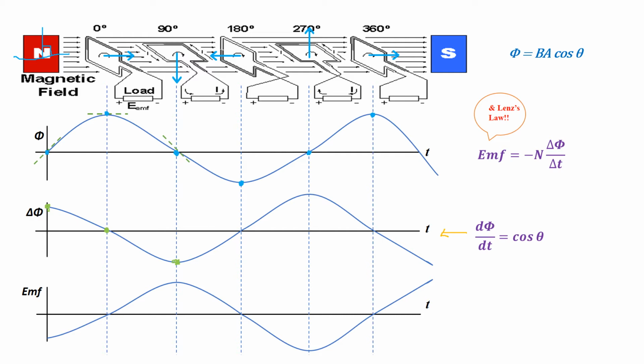And if we substitute this equation into the EMF equation, we would get that the EMF equals negative cos theta. So the relation between the flux against time graph and the EMF against time graph is just the negative gradient of the flux against time graph.